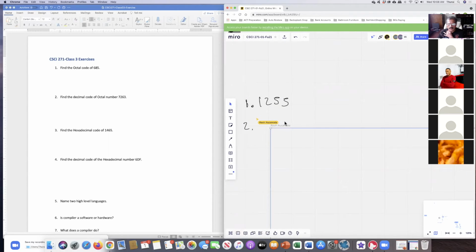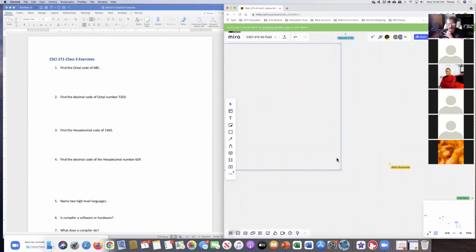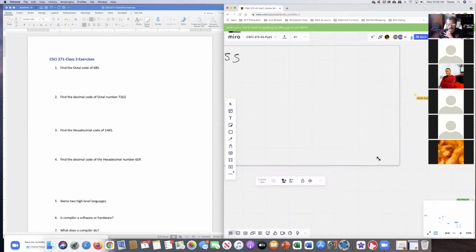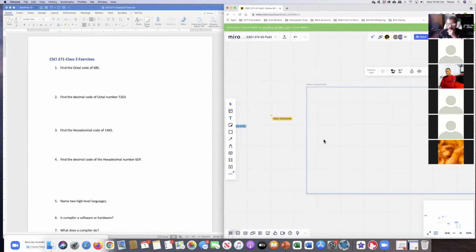Kevin, your frame is too big. I'm reducing it. Also, you're far away from all others, so I'm going to try to move you.